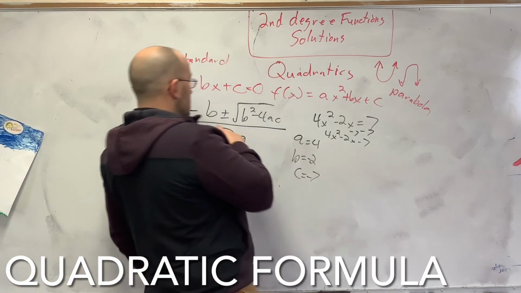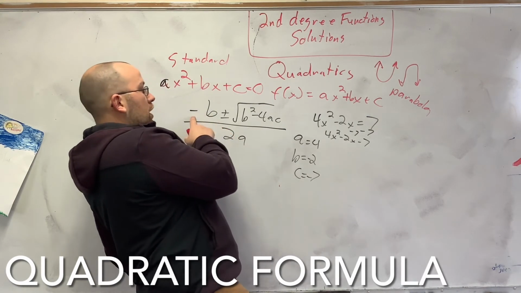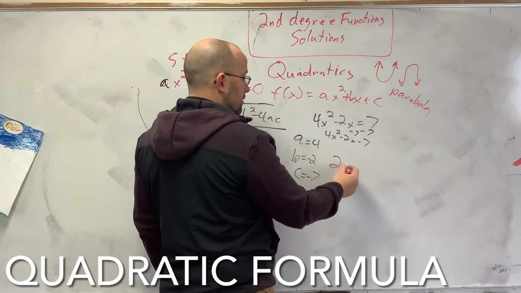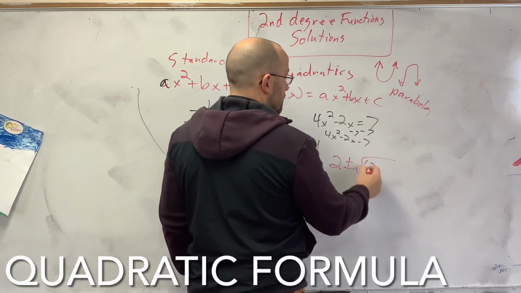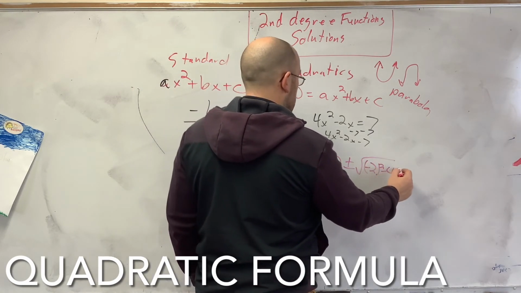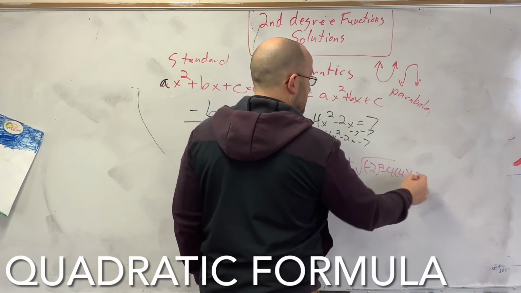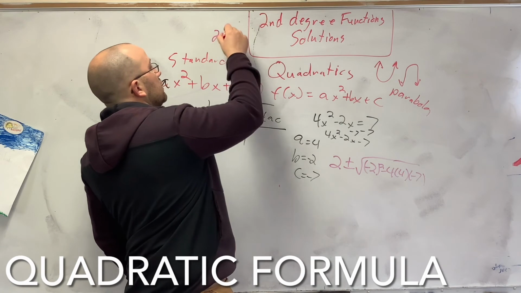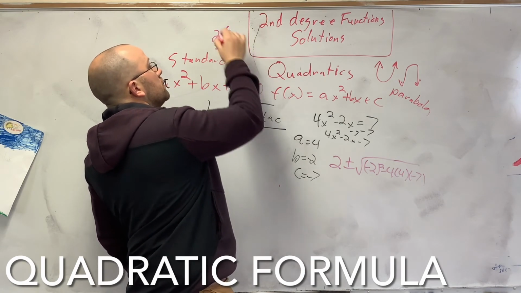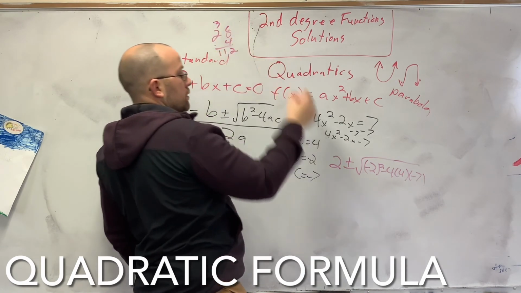So I plug everything in. Since this is -b, this means change the sign of whatever your b is. Make it 2 plus or minus the square root. b squared is -2 squared, minus 4 times 4 times -7. So 28 times 4 is 112.